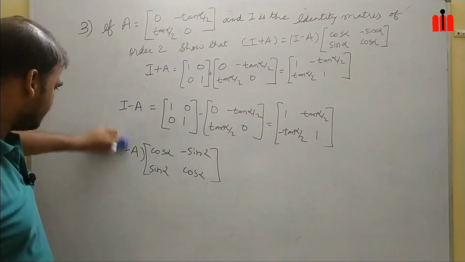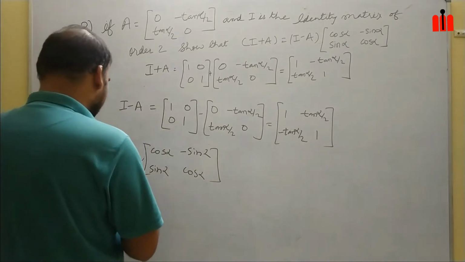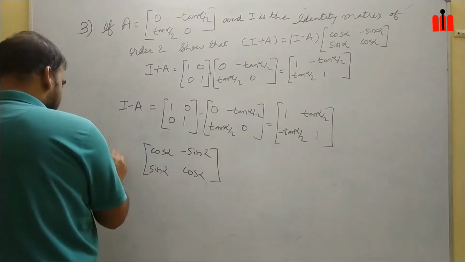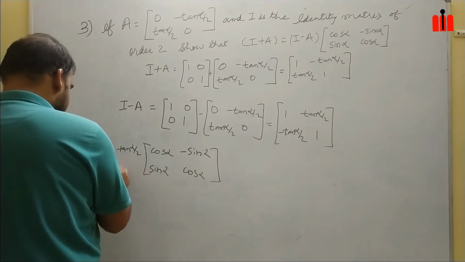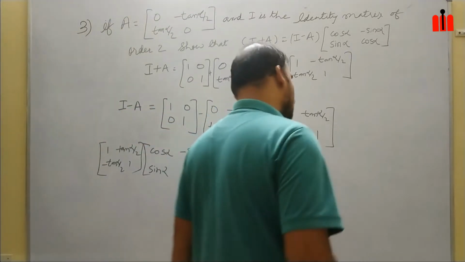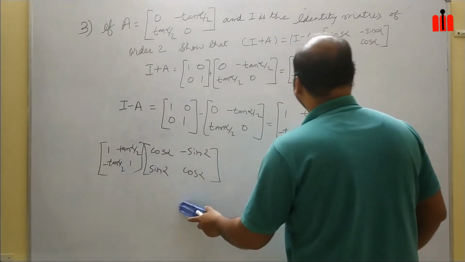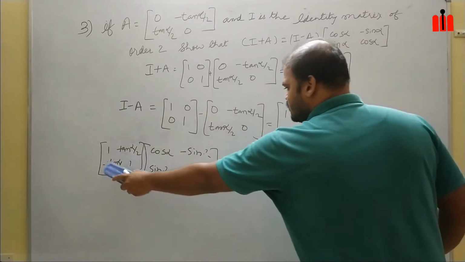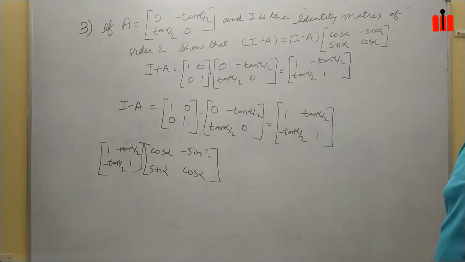I will write it directly as a matrix: 1, tan alpha by 2, minus tan alpha by 2, 1. So this will be my I minus A and this will be my cos alpha, sin alpha, minus sin alpha, cos alpha. So this is I minus A into that matrix which is given in the RHS.